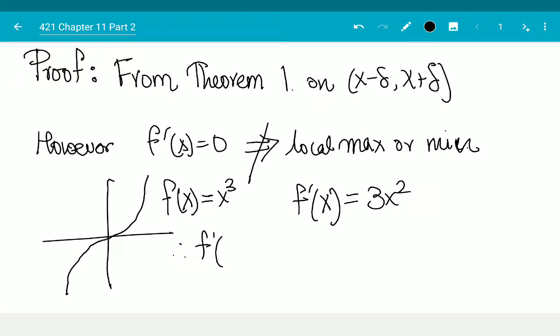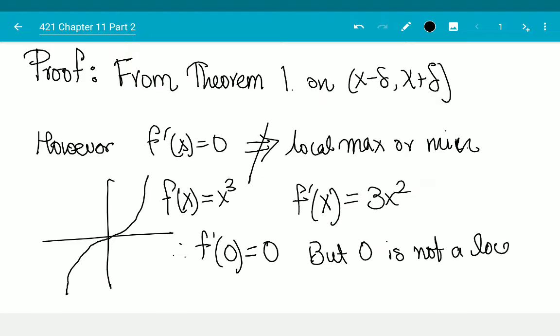Therefore, f prime of 0 is equal to 0, but 0 is not a local max or min. In general, it's not a local max or min on any interval. If I take, for example, -1 to 1, the derivative at 0 is still 0, but it's not a local max or min in the interval from -1 to 1. Okay?